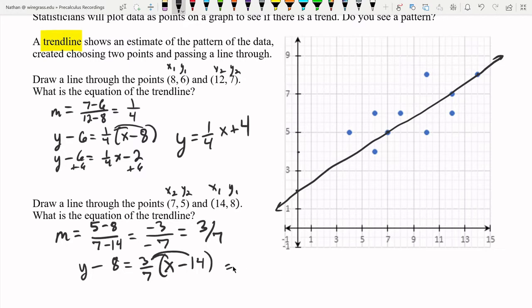Distribute that. We get y minus 8 equals 3/7 x. The 7 and the 14 reduce to 2. 3 times 2 is 6. Plus 8. And we get y equals 3/7 x plus 2.